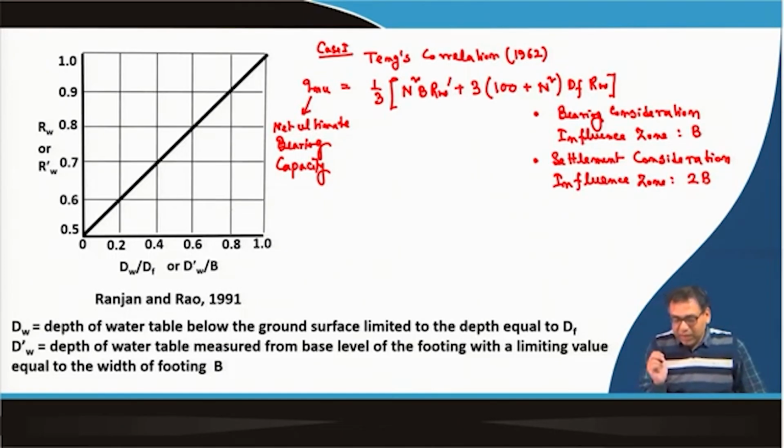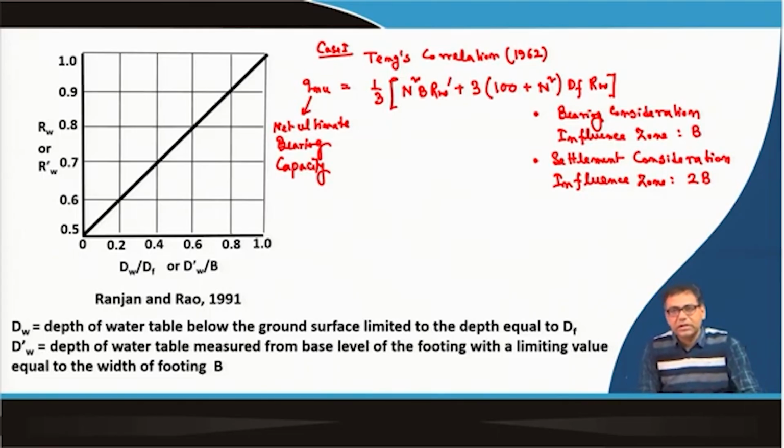So, when you consider only bearing, you will consider the influence zone of the foundation as B from the base of the foundation, and when we consider the settlement, the influence zone is twice B from the base of the foundation.